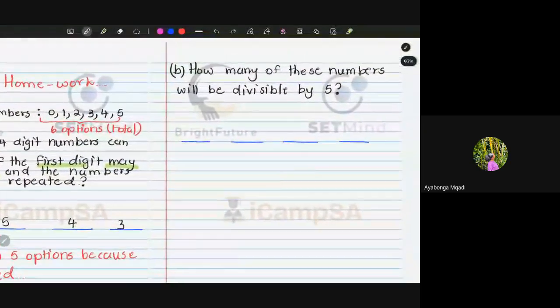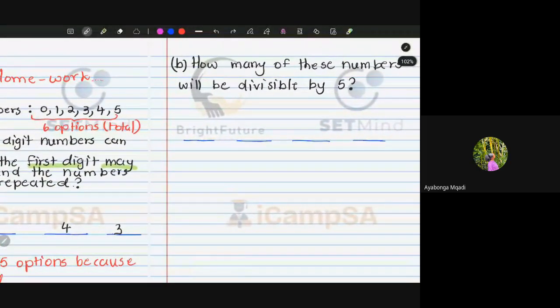But maybe a question to you guys is, what is a number that is divisible by 5? It's a number that ends in 0 or it ends in 5. How do you know that?